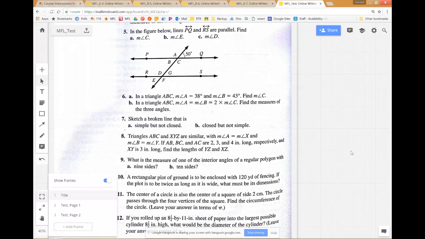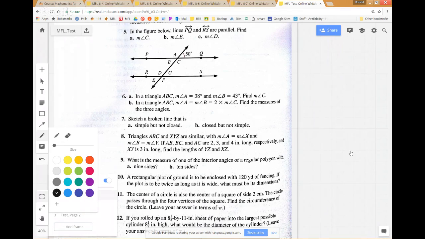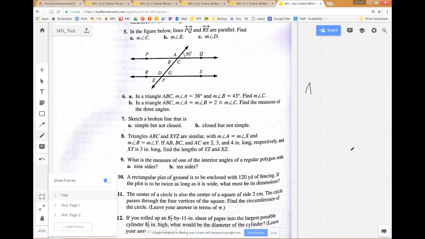So, let's get my pen going here. So we're told that A equals B, and that equals 2 times angle C. So we want to put this in terms of, let's see, how can I think of this?